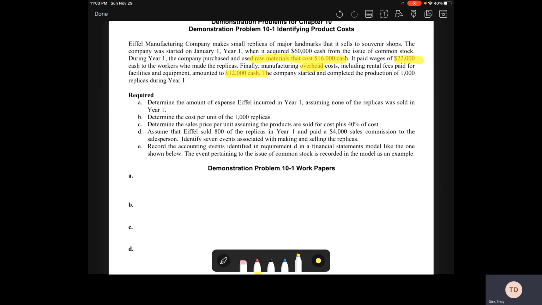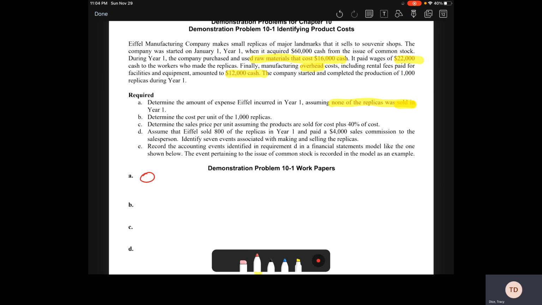Since we have not sold any of the replicas, that means that the amount of our expenses in year one is zero. All of the costs that they talked about are product costs. So since nothing was sold, we have no cost of goods sold.